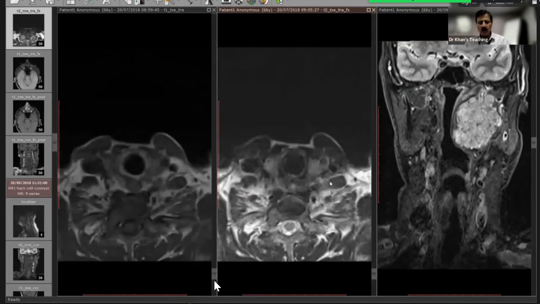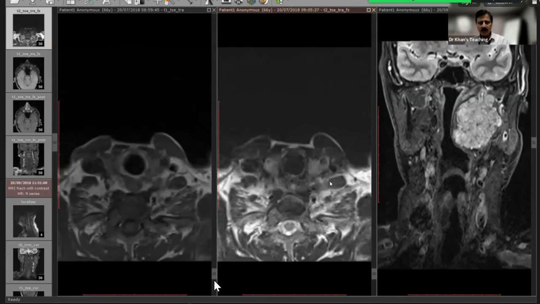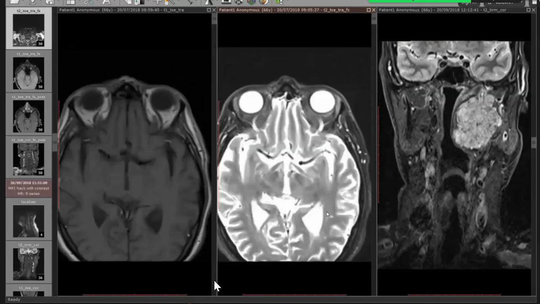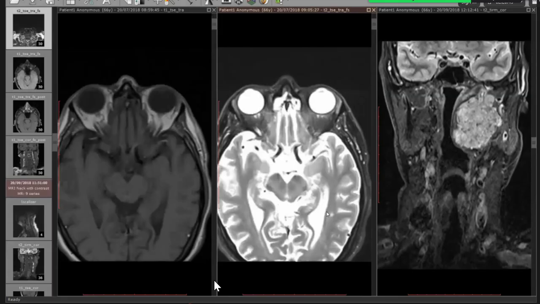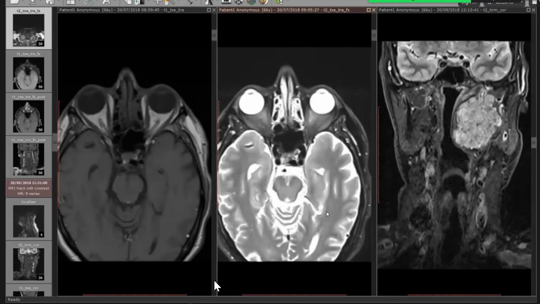And correlate with the coronal now. What happened? Yeah, the lesion extends. It's moving, but it's a bit slow. Did it move to another sequence?